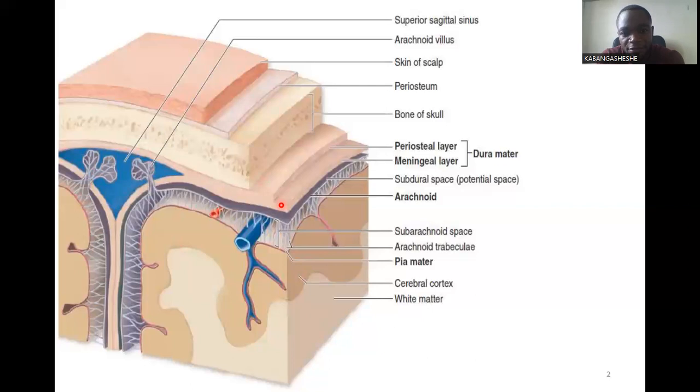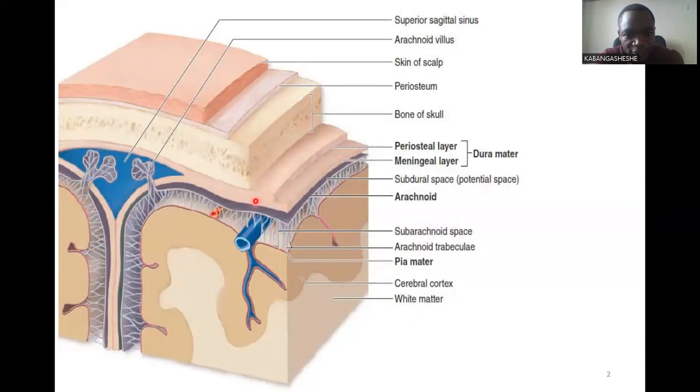Now, since these bones are hard tissue of the human body, whereas the brain and the spinal cord are soft tissues, to prevent friction between the two, that is the brain and spinal cord against the cranium and the vertebral column respectively, we have meninges. Collectively, there are three, namely the dura mater, I'll be pointing at it.